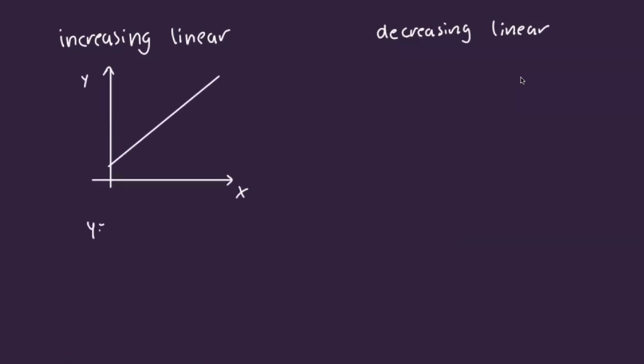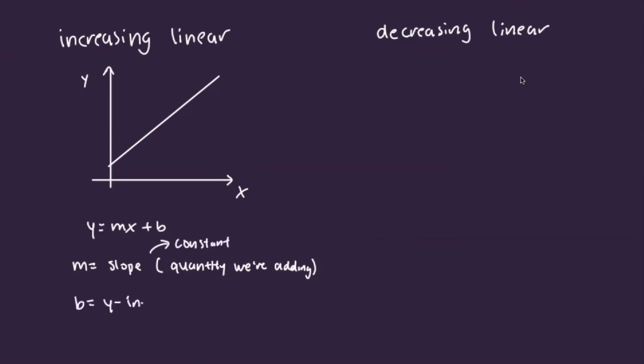Remember the equation y equals mx plus b, where m is the slope, which is the quantity we're adding, and it should be constant. And b is our y-intercept, and it is also our starting quantity.